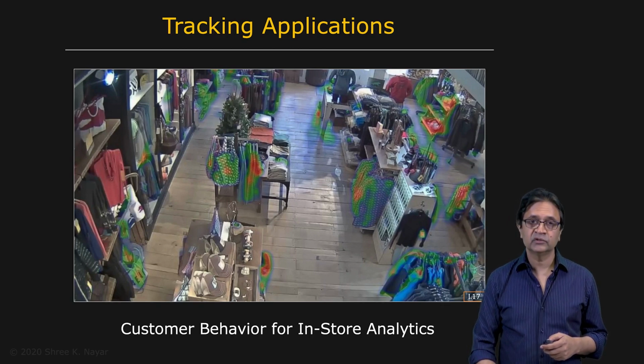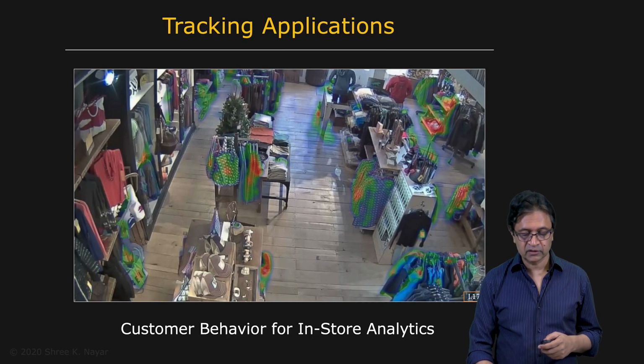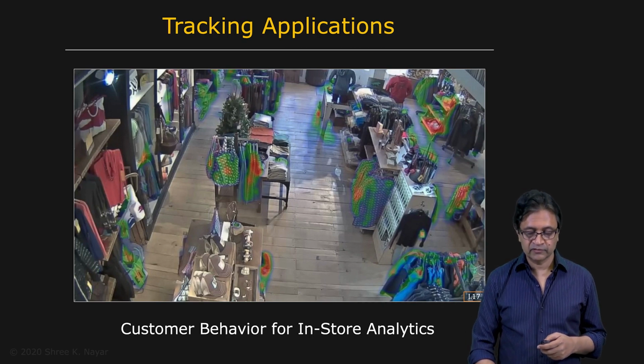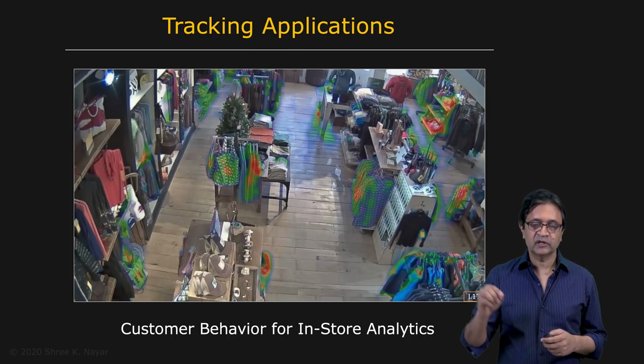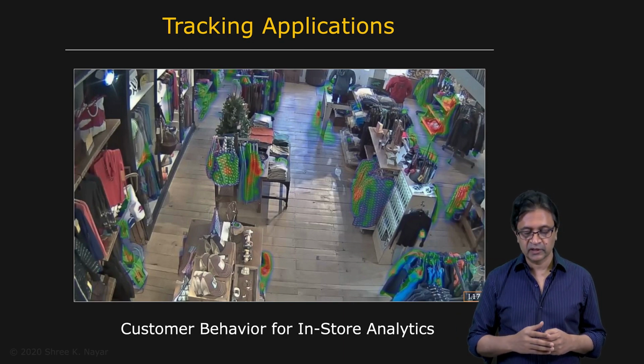So this is very useful information because it tells the shop owner, say for instance, where people are spending more time, which products are attracting more attention, and that information can be used for the placement of various kinds of products, but also to figure out which products are worth investing in.